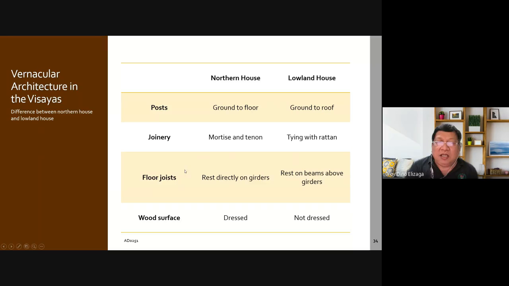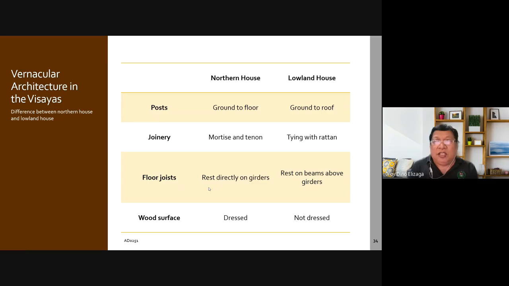In the lowland, there is a beam between the floor joists and the girders. And finally, the wood surfaces in northern houses are dressed, meaning they're really shaped and then made smooth. But in the lowland, they're not dressed, so they're kept as is. Maybe they're cleaned up a little.